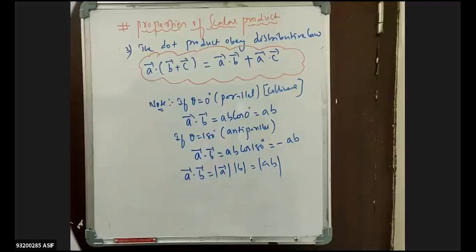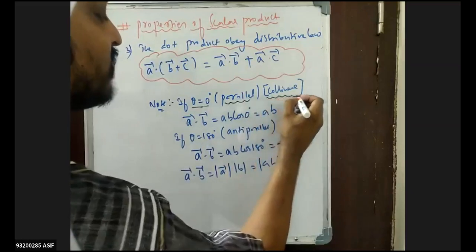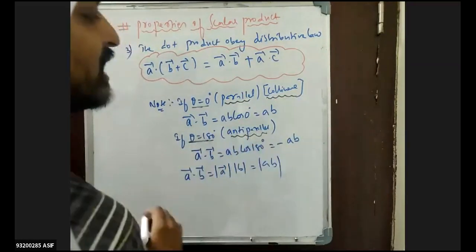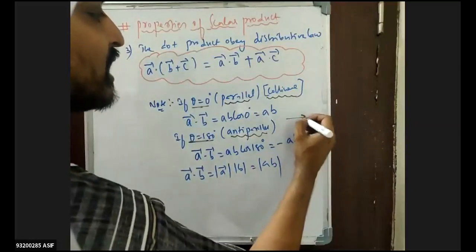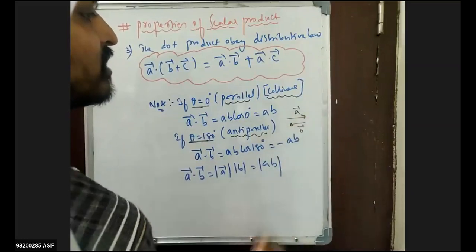So A bar dot B bar will be equal to the magnitude of A into B, depending upon the value of theta. If theta is 0, that is known as parallel vectors, also called collinear vectors. If theta is equal to 180 degrees, they are called anti-parallel vectors. Why anti-parallel? If this is A bar and this one is B bar, the angle between them is how much? 180.